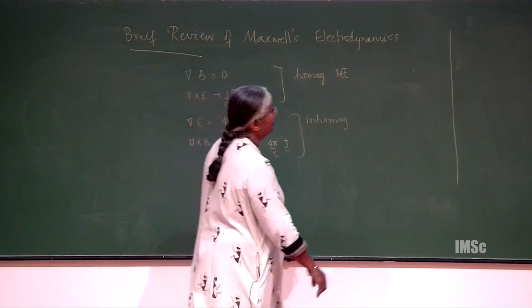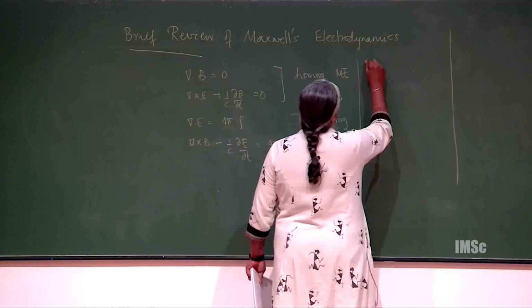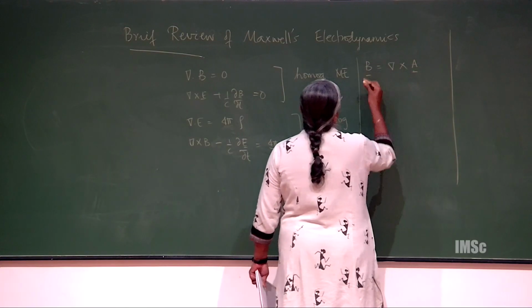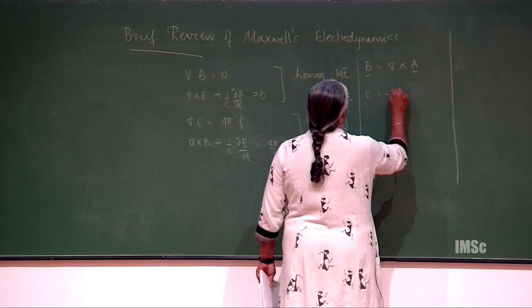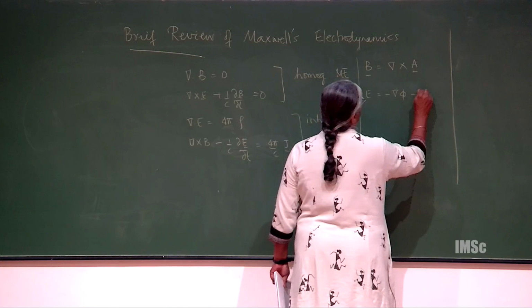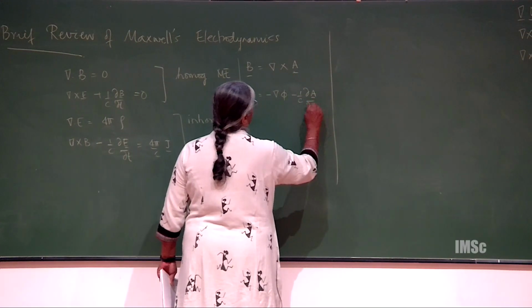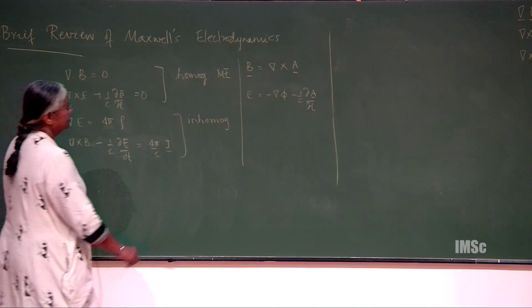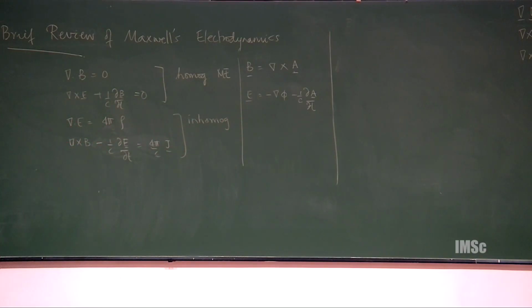Then maybe I should simply also include over here when I am saying all this, we have B was del cross A, that doesn't change, but because of that extra piece, E was minus del phi for static fields minus 1 by c dA by dt. That comes from that extra term that we have got. So you can substitute these quantities and check your definitions, okay.